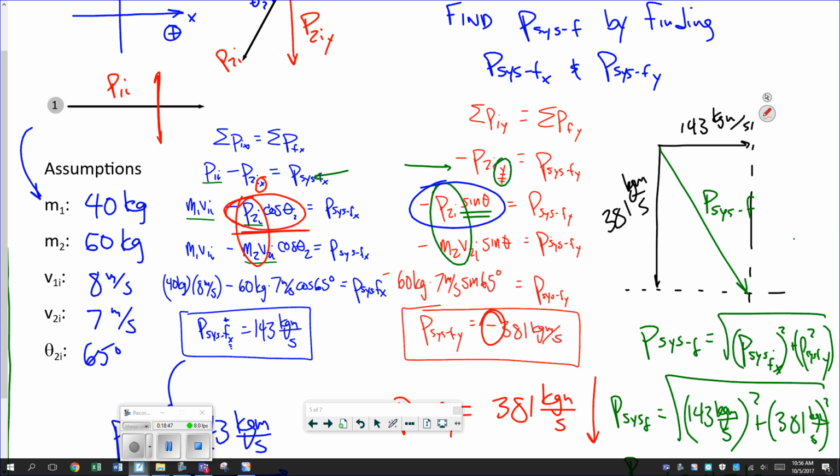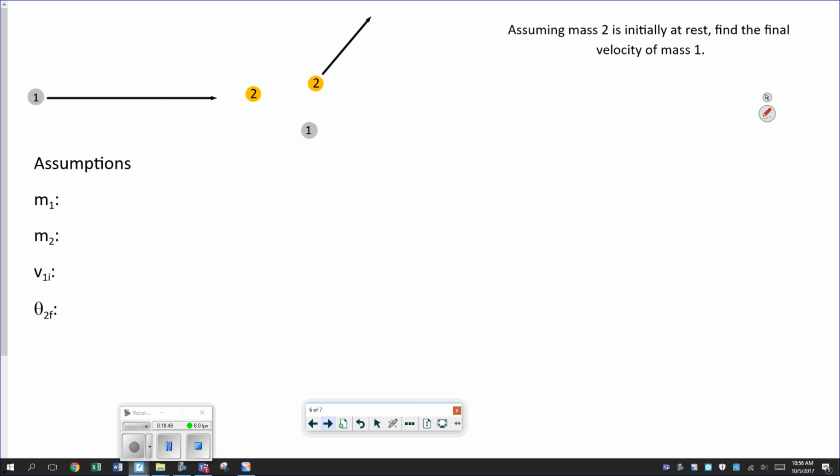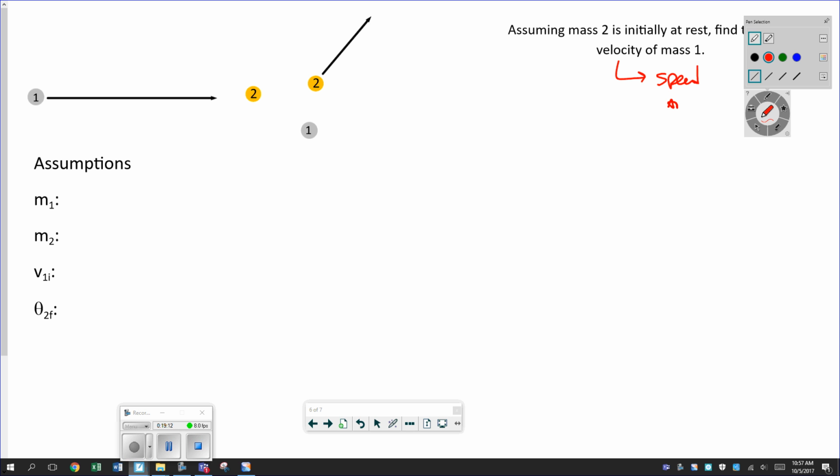All right. So your job for the next time I see you is let's analyze this interaction. Let's assume mass 2 is initially at rest, and mass 2 moves off in that direction, and you've got to find the final velocity again, speed and direction of mass m1.